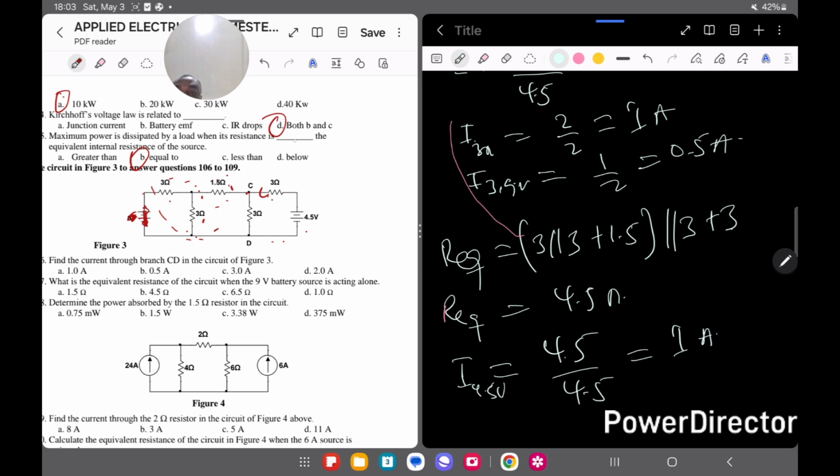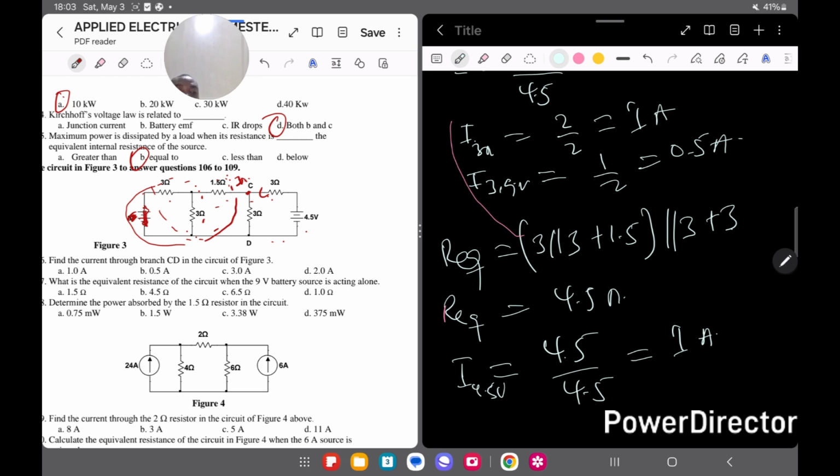Once we've gotten this 1 ampere, this is our main current, which is 1 ampere here. So again, you can see that this is now our junction, right? When you look at this part here, the whole of this, the equivalent was what? 3 ohms.